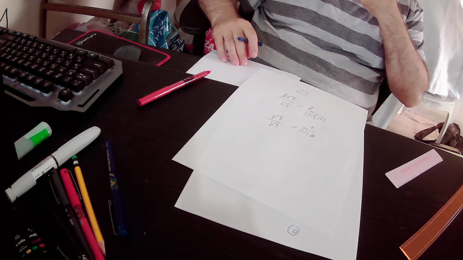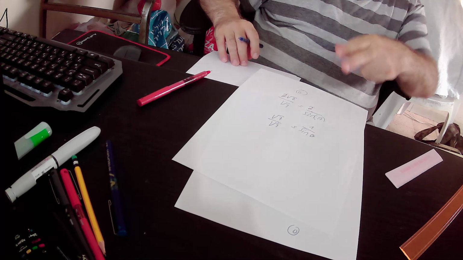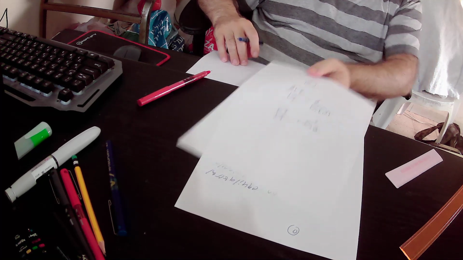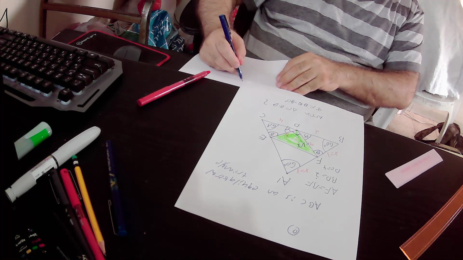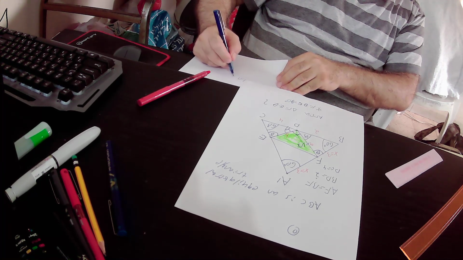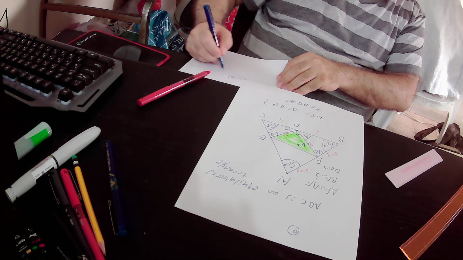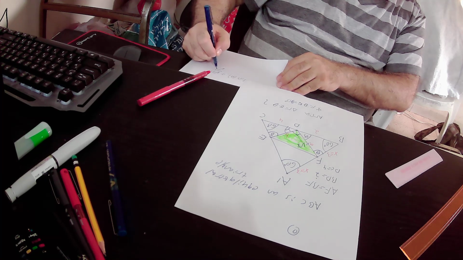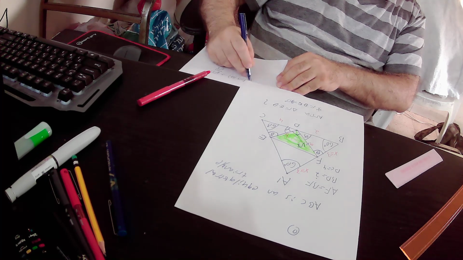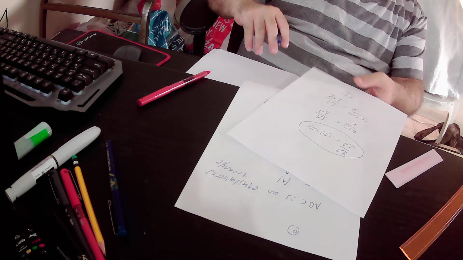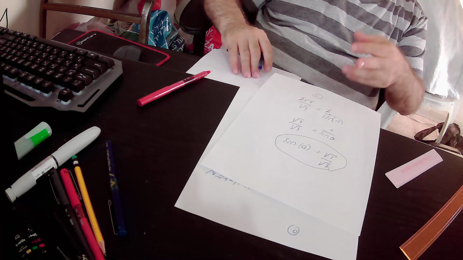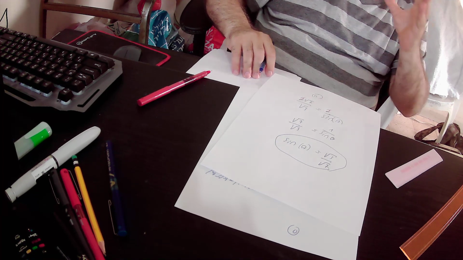Okay, we will do the simple arithmetic here, and we will get that sine theta equals the root of 3 over root of 7. We got that sine theta equals the root of 3 over root of 7.